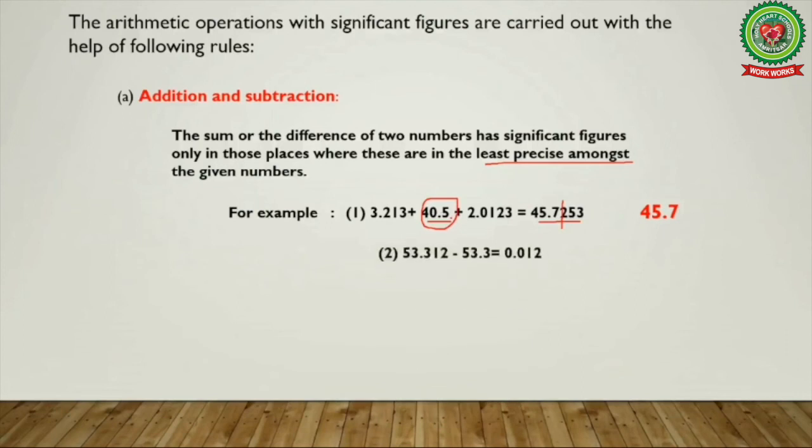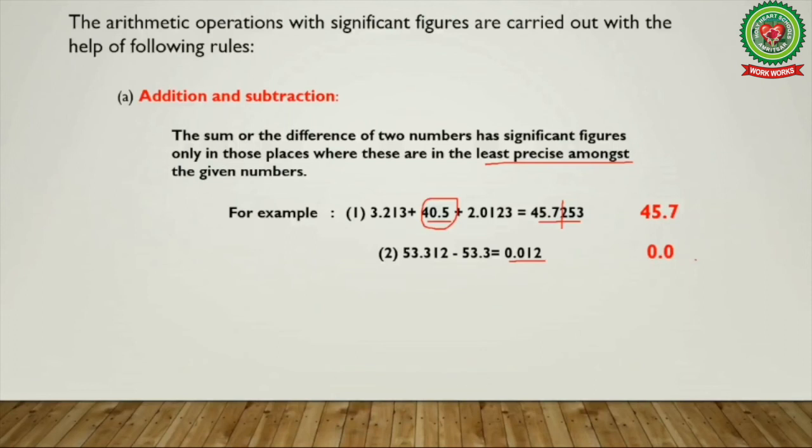Let's take one more example of subtraction. If I subtract 53.312 minus 53.3, the result will be 0.012, but the result will be 0.0 only. Why?